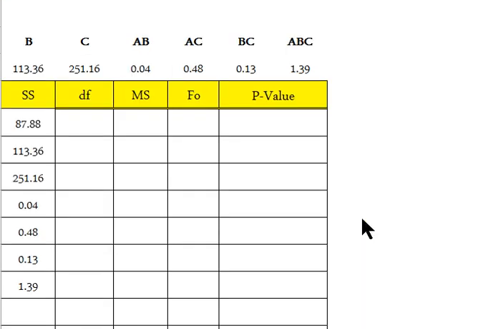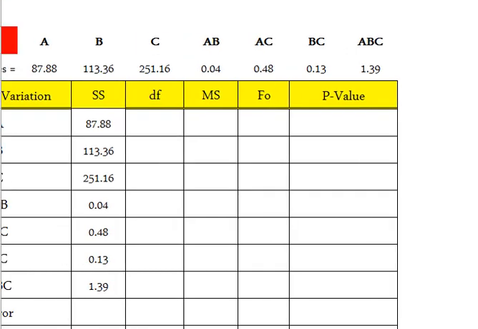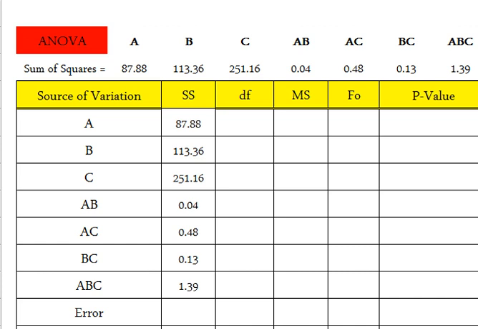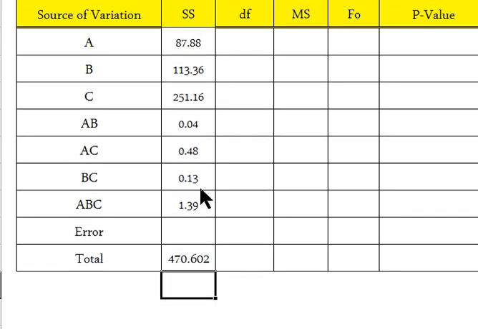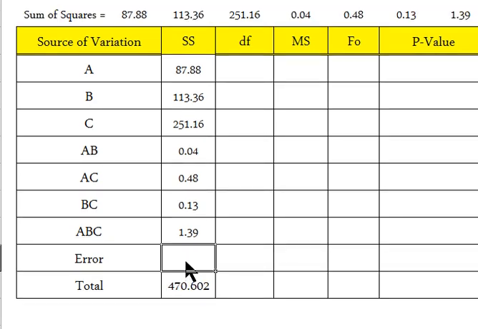Close the parentheses, and let me center the screen, and that will be your total sum of squares. Now, error had always been figured based on calculation, so it would equal the total sum of squares minus the sum of the sum of squares of all the factors and the interaction factors.